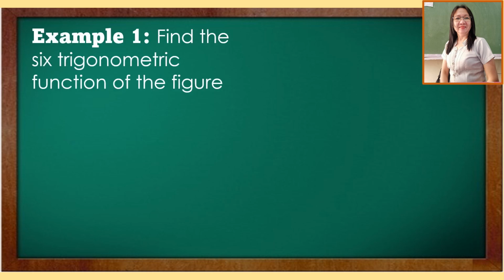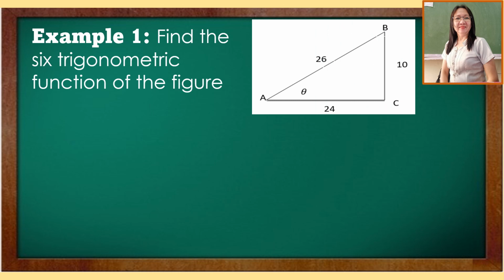Now let me show you some examples in finding the six trigonometric functions. In the figure, we have right triangle BCA, wherein our reference angle is theta. The length of AC is 24, the length of BC is 10, and the hypotenuse AB is 26.